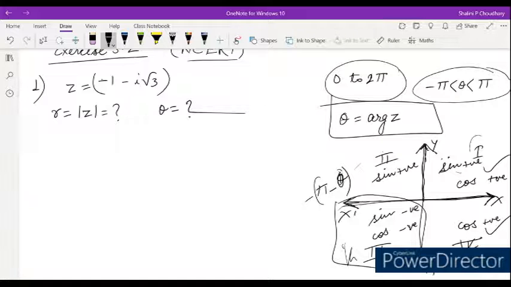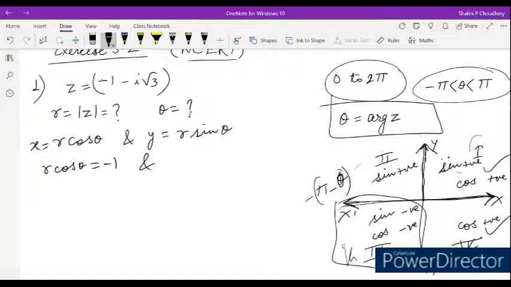So we write z, and x is equal to r cos theta and y is equal to r sin theta. This we know. Here the value of x is -1. It means r cos theta will be equal to -1 and r sin theta will be equal to -√3.